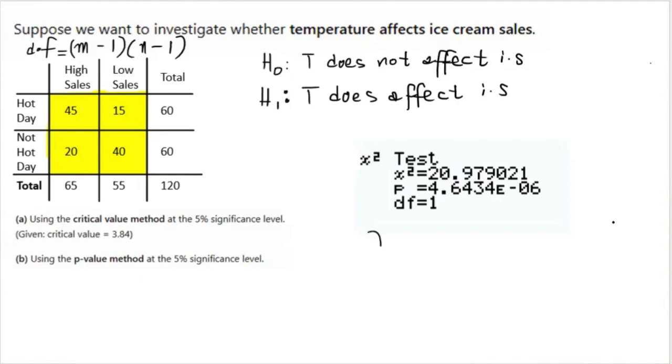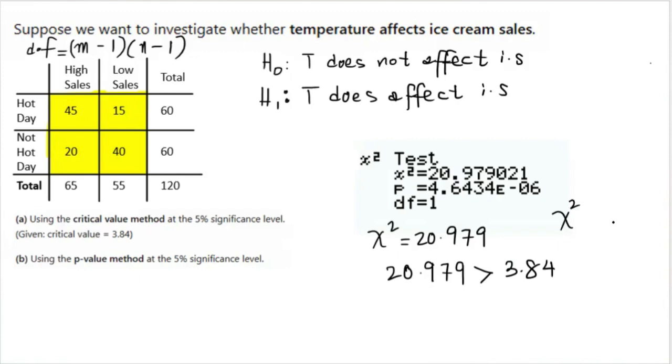So you can see that my chi-squared value is 20.979 something. If this value is more than the critical value, now this is important. If your chi-squared value is more than your critical value, you reject the H naught.